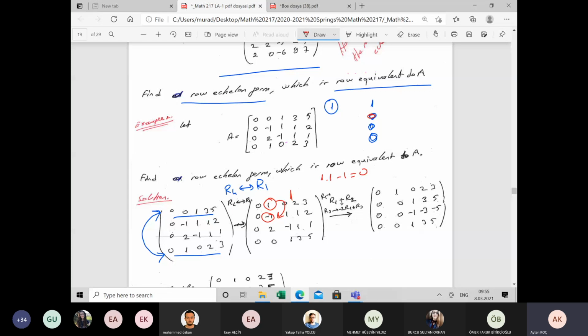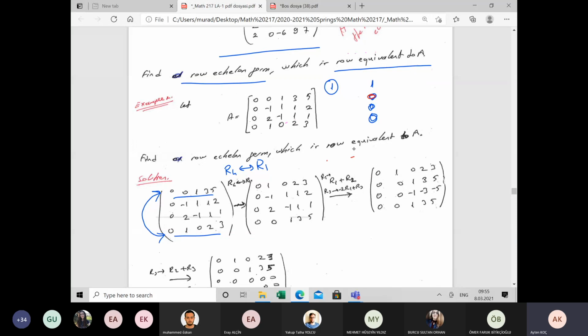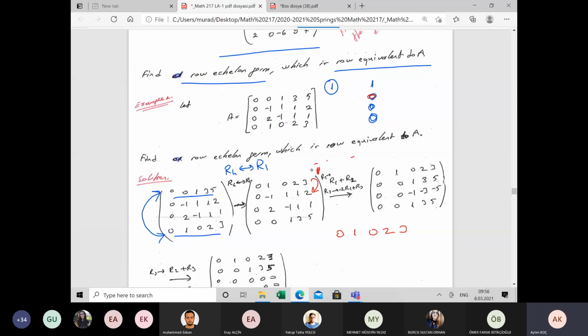So the operation here should be: take the first row, 0, 1, 0, 2, 3, multiply by 1, and add to the second row.